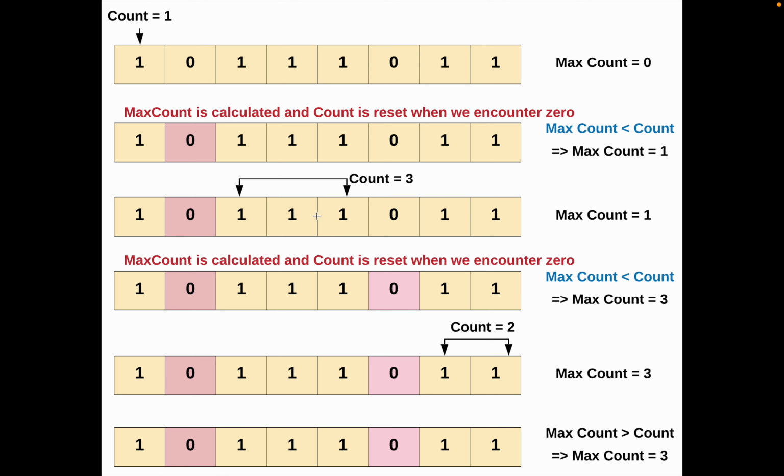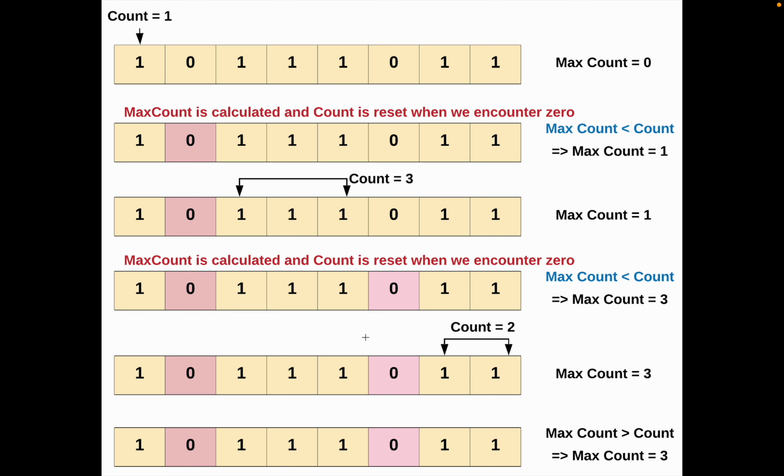And let's skip this 0 and keep moving on, right? And 1, 2, 3, there are 3 consecutive 1s until we meet 0. So the count now is 3, but the max count is equal to 1. And now, because we encounter 0, let's calculate the max count. The max count 1 is less than count, because the count is 3. So the max count gets the value from count. It now becomes 3. And then we reset the count to 0.